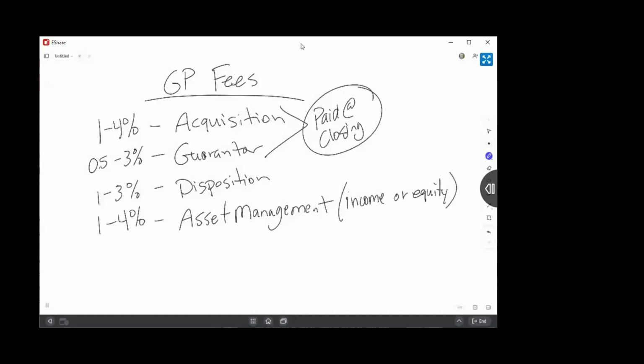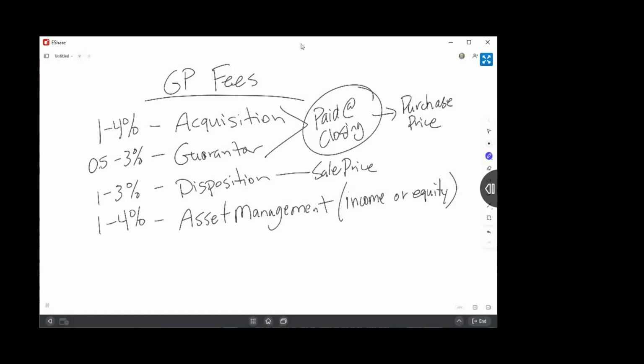Both of these are typically paid out of the purchase price, if you will, those total transaction costs initially. And then of course your disposition fee is going to be based off of the sale price, the sale price itself. Those are the main GP fees that you would normally see.